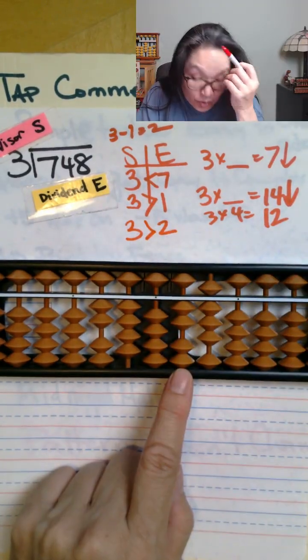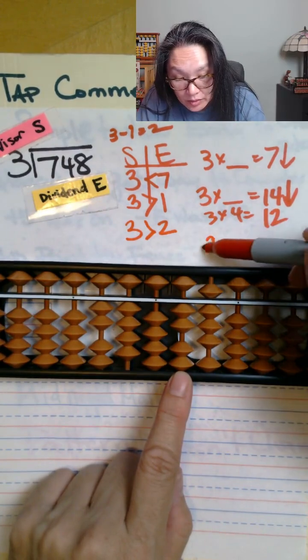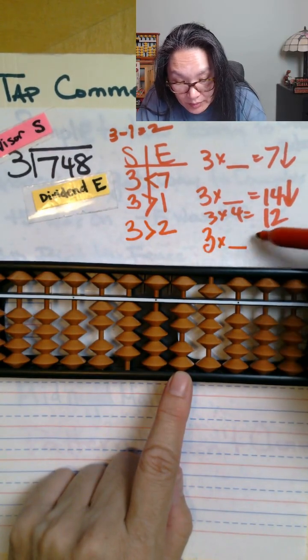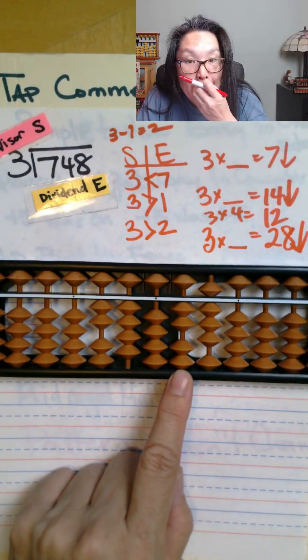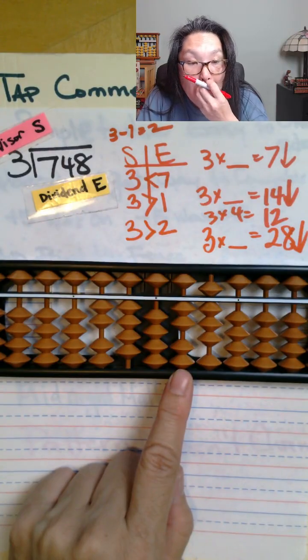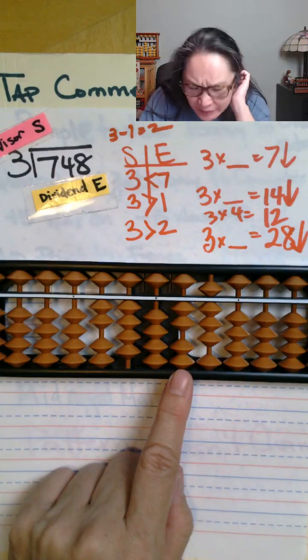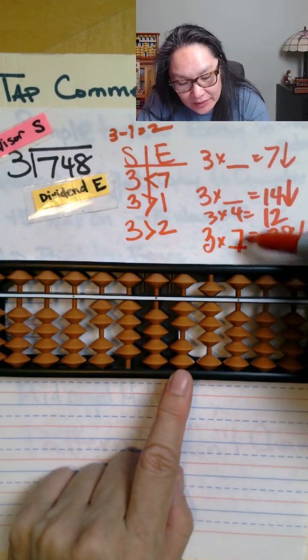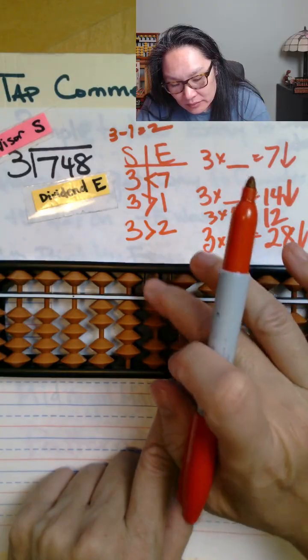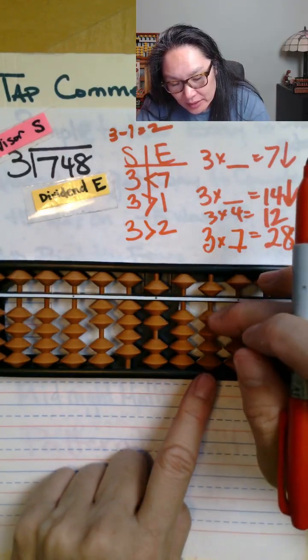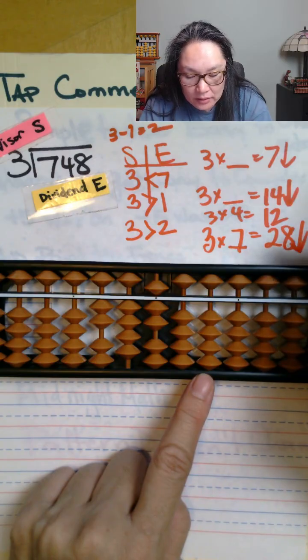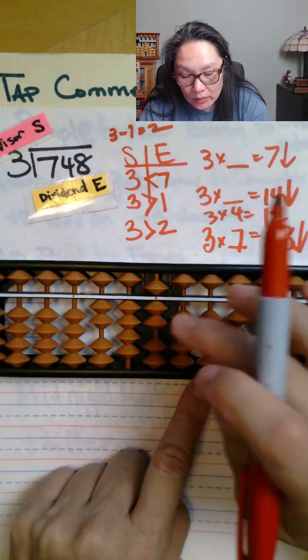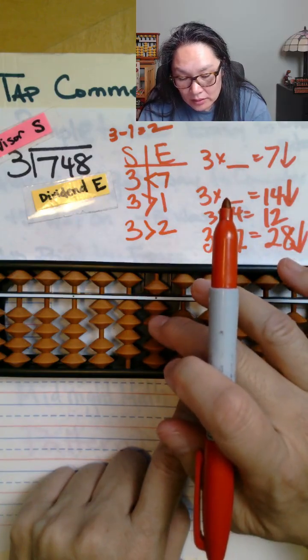So I'm going to take 2 columns, 2 digits. 3 times what is equal to 28 or less? 28. 3 times 7 is equal to 28. No, 9. Is it 9? Oh yeah, 21. Yeah, 9.